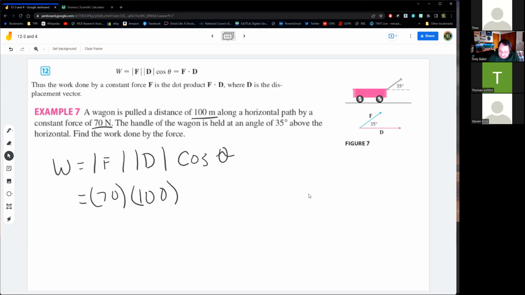And I'm pulling at an angle of 35 degrees, so it's the cosine of 35 degrees. So I have 70 times 100 times the cosine of 35, which comes out to approximately 5,734 joules of work.